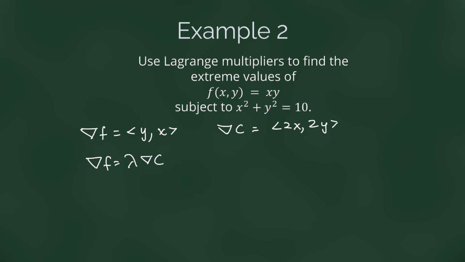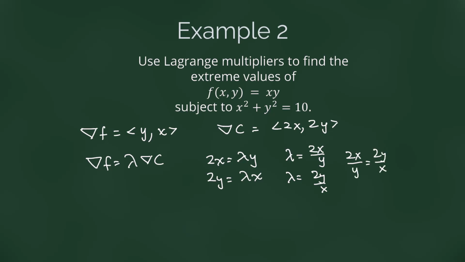So when we do that, we know that 2x is lambda times y, and similarly we know that 2y is lambda times x. And so that means that lambda is 2x over y, and lambda is also 2y over x, so that these two things must be equal to each other. 2x over y has to equal 2y over x.